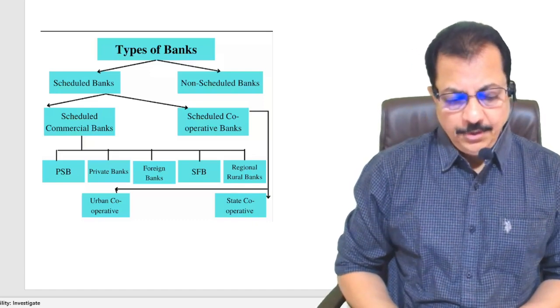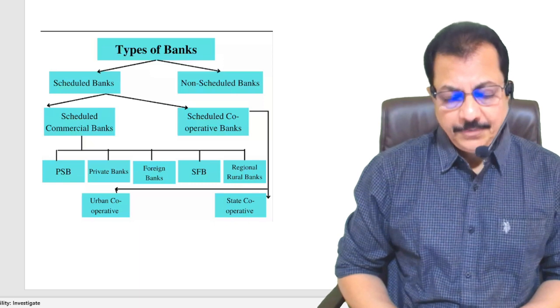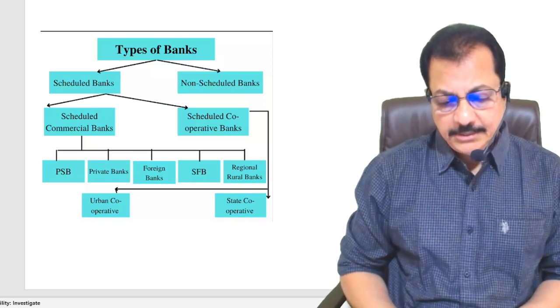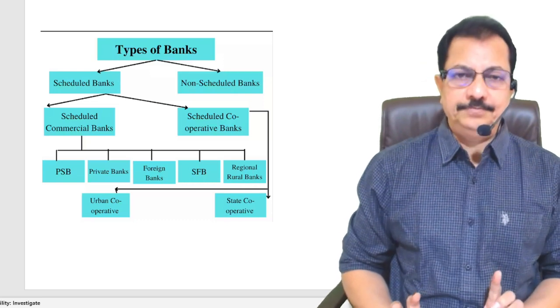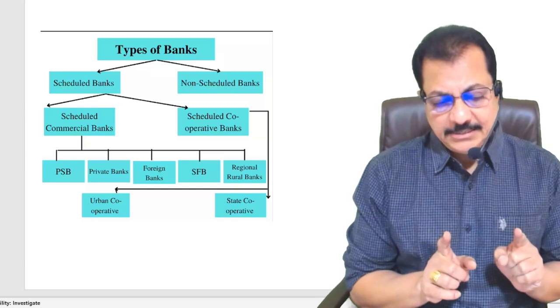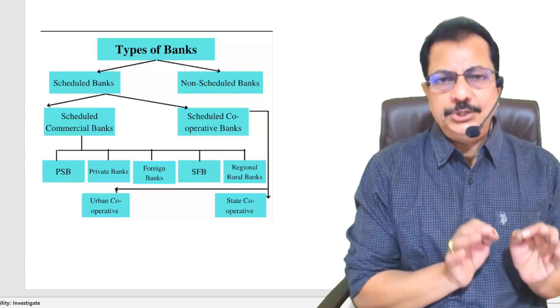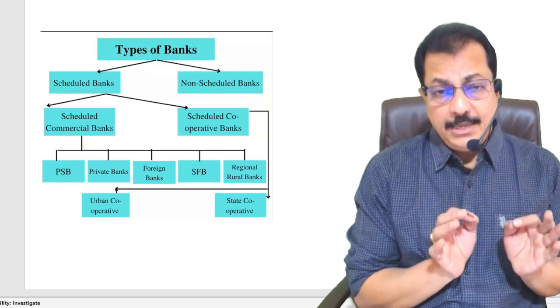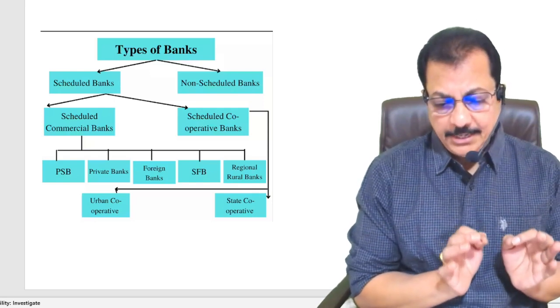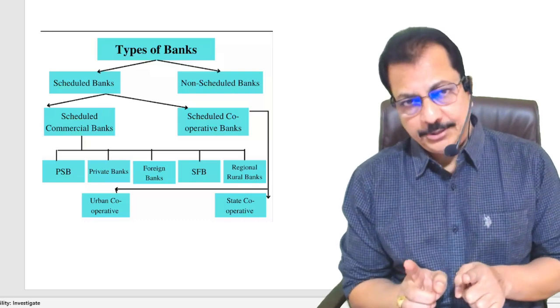Look at this. When it comes to scheduled banks, again they are divided into scheduled commercial banks and scheduled cooperative banks. Very important one. So under the banking system, one type is scheduled banks, and in that you have scheduled commercial banks and scheduled cooperative banks.